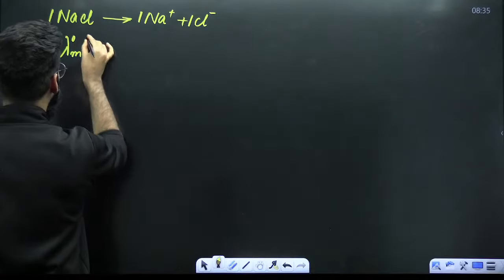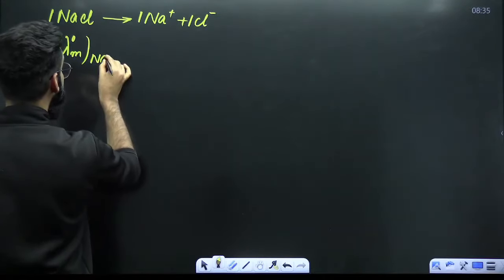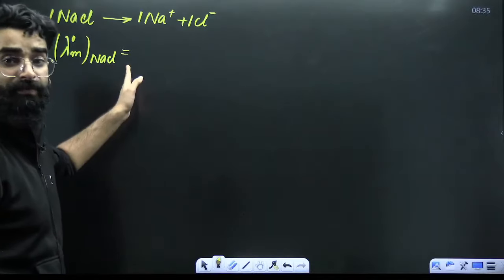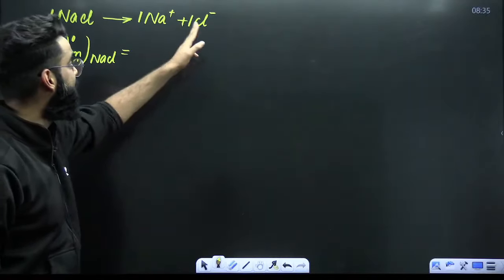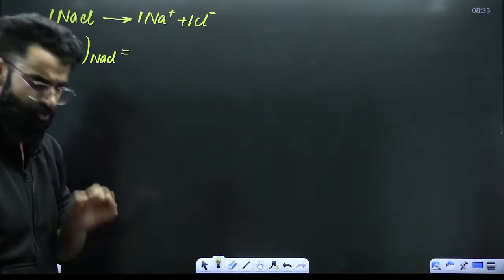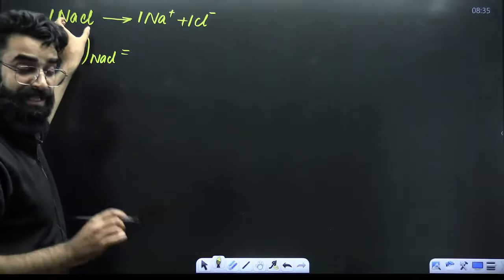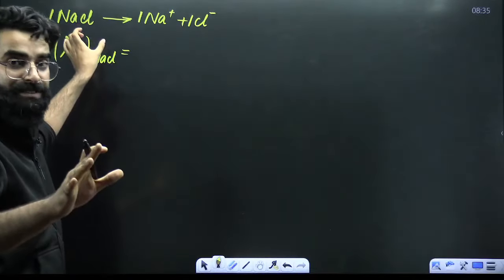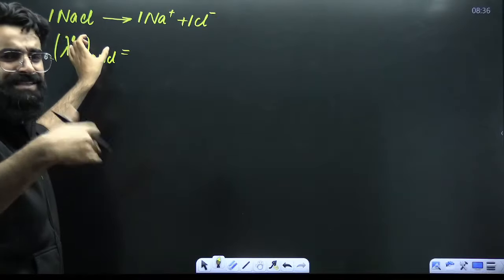the molar conductivity of this NaCl, for example, at infinite dilution is the sum of the conductivities of its ions, basically. Since this electrolyte at infinite dilution is 100% ionized, number one, there is no force of attraction between the ions. Ions are moving freely.